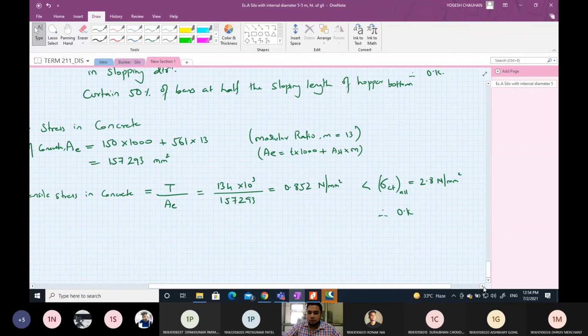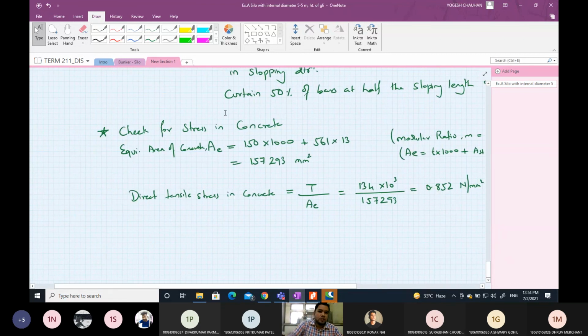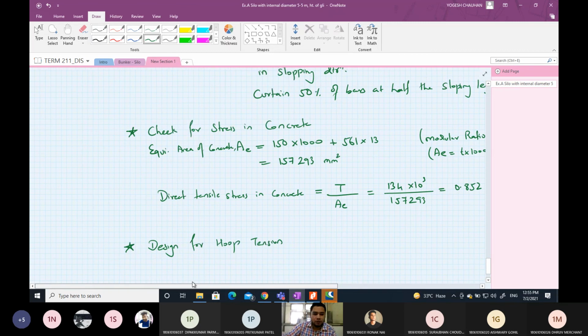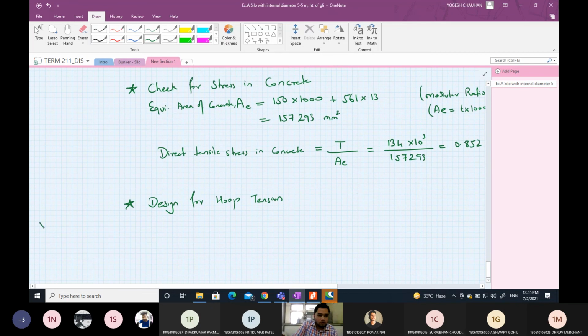Okay. So now in the design of the bottom hopper, we have to design for hoop tension. Same as the circular bunker, we find the normal pressure.